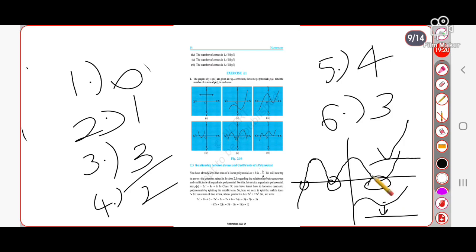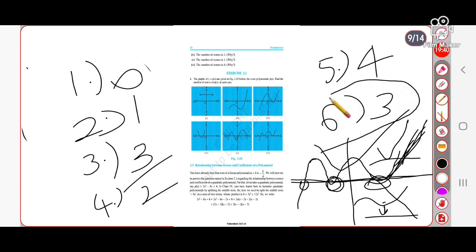It has touched and gone upwards. Wherever it goes, no problem. Whether it goes like this or like this, it touched the x-axis, so that will be counted as a zero. At a point it came to 0 and it went, so it is counted. So the net answer for the sixth question is 3, right?